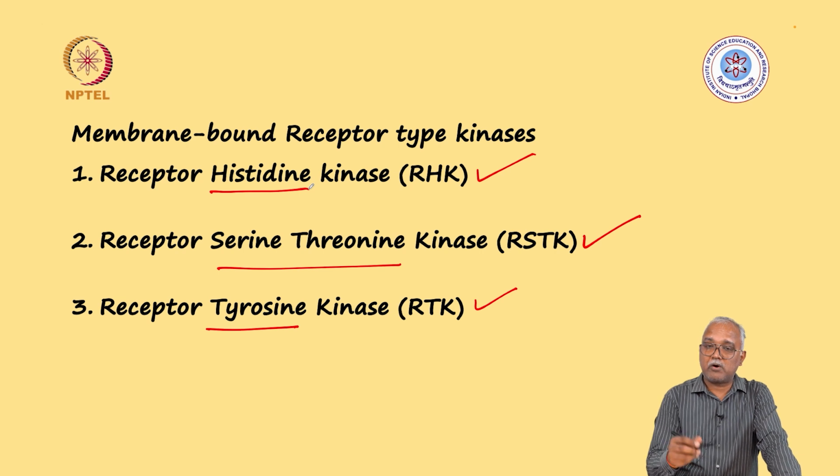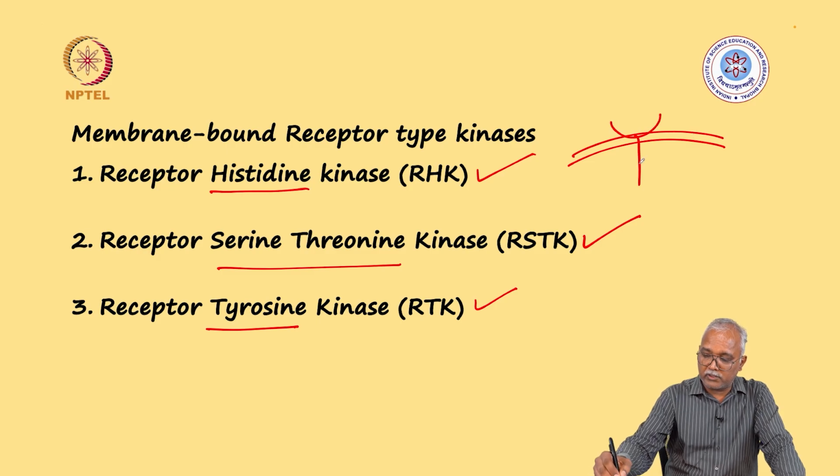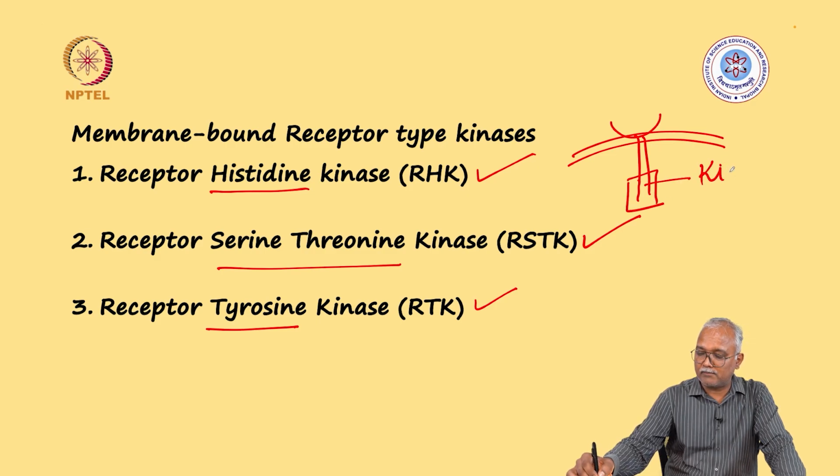Remember, when we are discussing receptor tyrosine kinase, when we mention receptor serine threonine kinase, it clearly says that we are talking about a receptor molecule which is largely and more often than not bound to the membrane, and the C-terminal or the carboxy terminal cytoplasmic tail, this is where you will have the kinase activity.